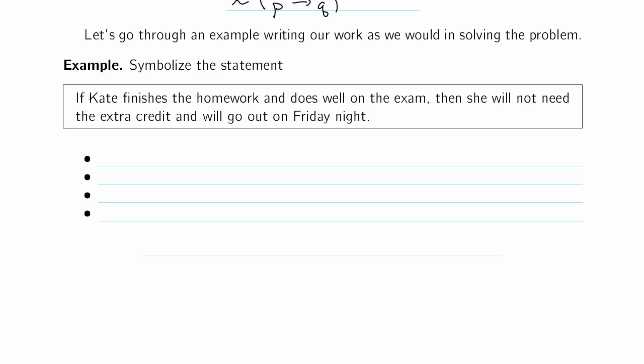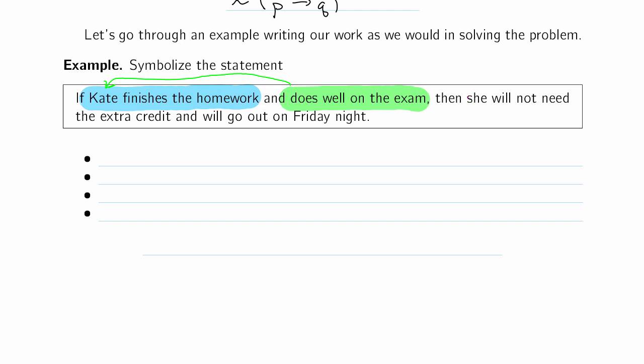We have Kate finishes the homework, and then we have this does well on the exam. Who does well on the exam? Kate does well on the exam. If Kate finishes the homework and does well on the exam, then she will not need the extra credit.